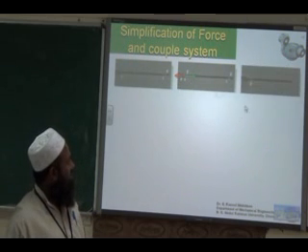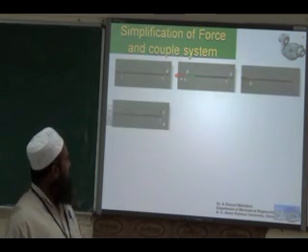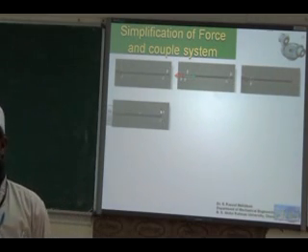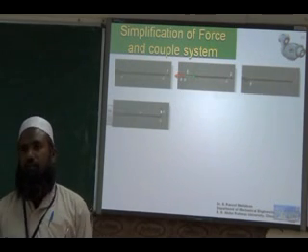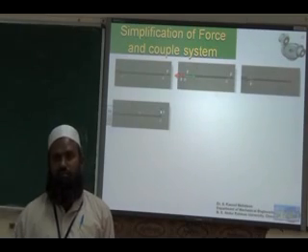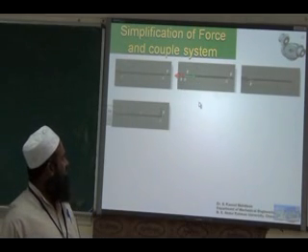Suppose, like this is the final one, suppose you have the force vertically applied at point A. What will happen if you want to transmit it in the same procedure? We follow the same procedure.